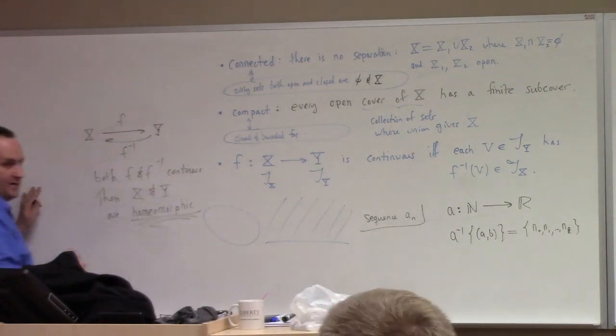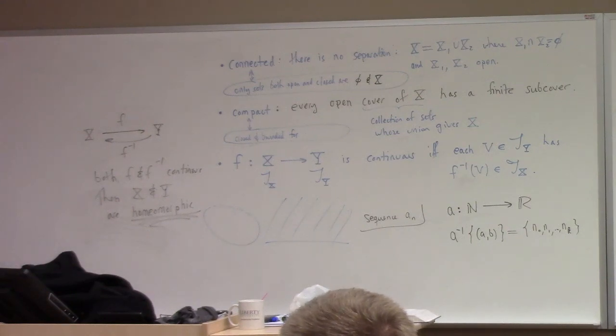This is topology's version of isomorphic. This means that they're the same spaces as far as topological structure is concerned.